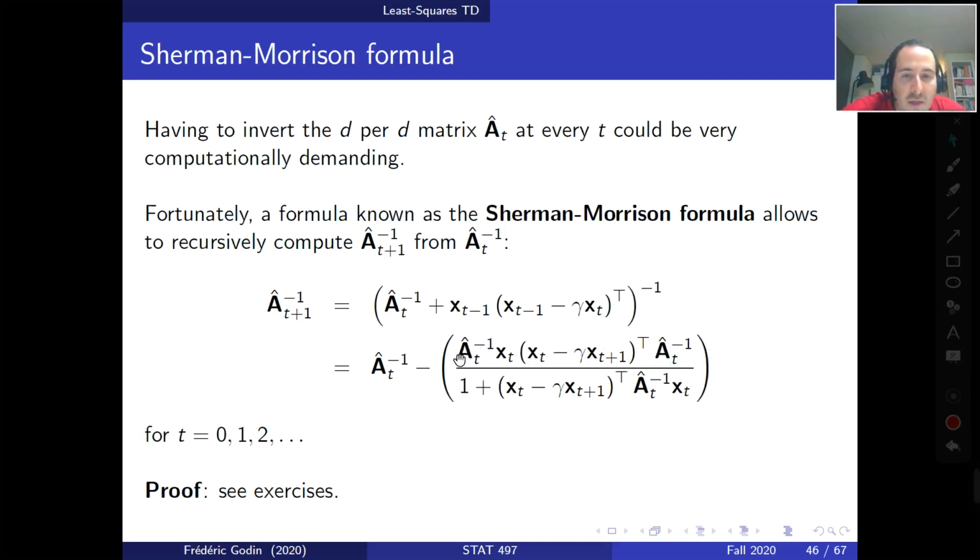But all these are not inversions, they're matrix multiplications. It's much easier to multiply matrices or vectors together than to invert a matrix, so computing this term is much simpler than inverting the matrix A. This Sherman-Morrison formula makes it easier to use the least squares TD approach in practice.